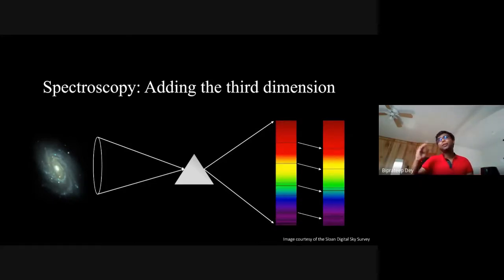And assuming we know everything else about the universe, which we don't, but if we assume that, then we can convert this redshift to a distance. And hence we can get the third dimension. So now we have this three-dimensional map of the universe.